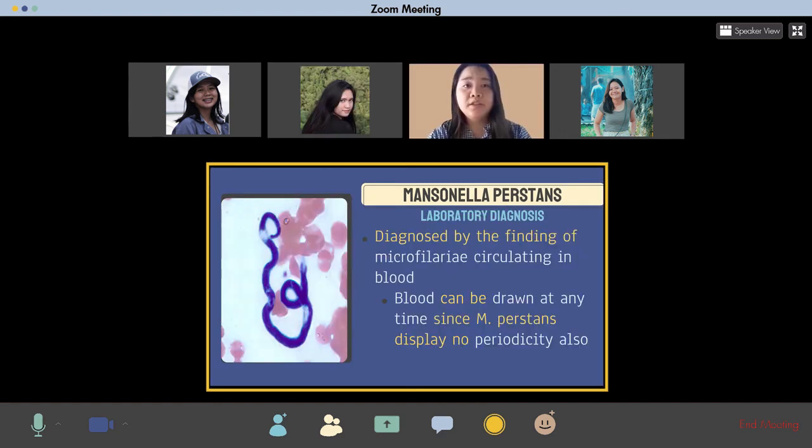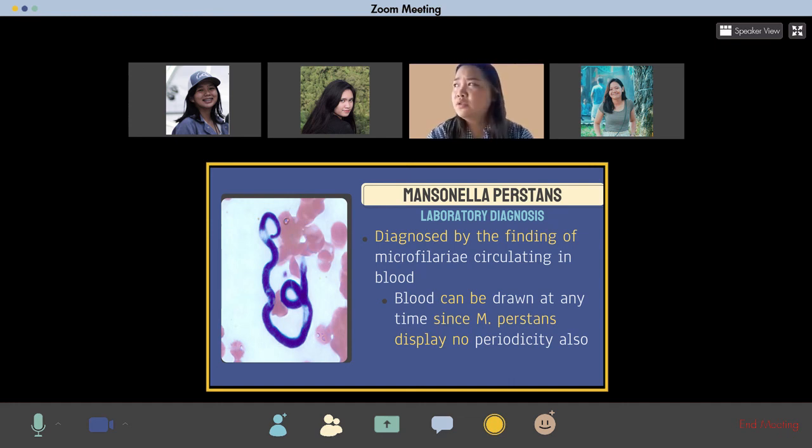The laboratory diagnosis for Mansonella perstans can be through microscopy, molecular detection, and serological testing. First is microscopy. Mansonella perstans is usually diagnosed by finding microfilariae circulating in the blood through the use of a microscope.